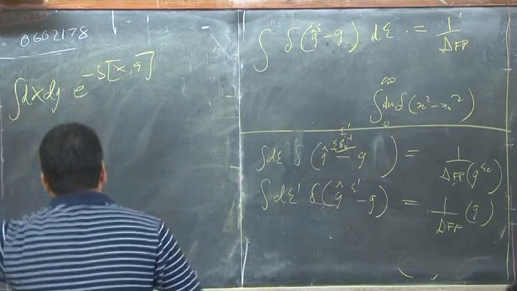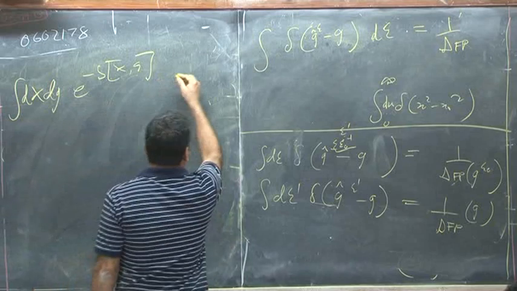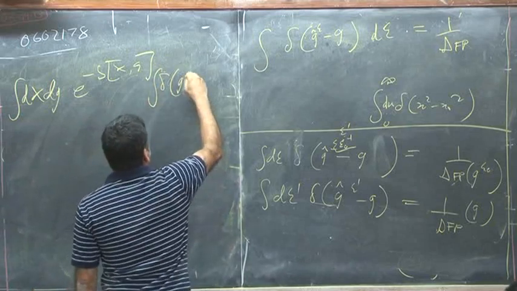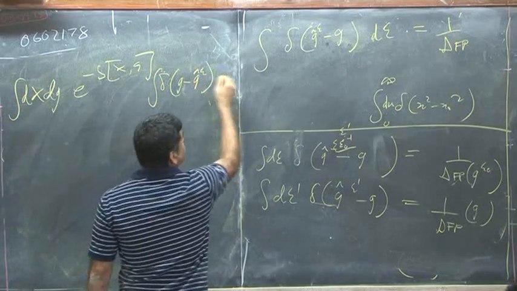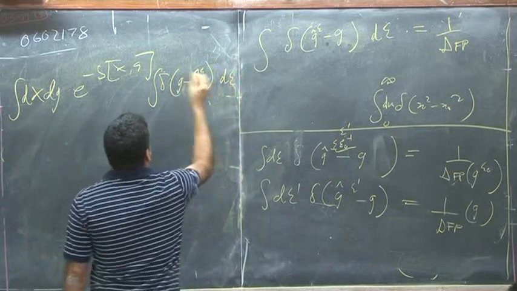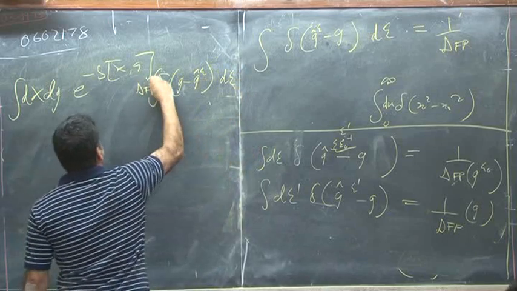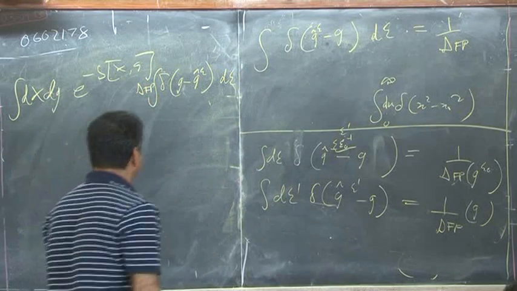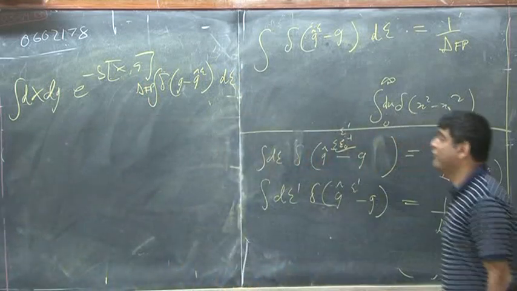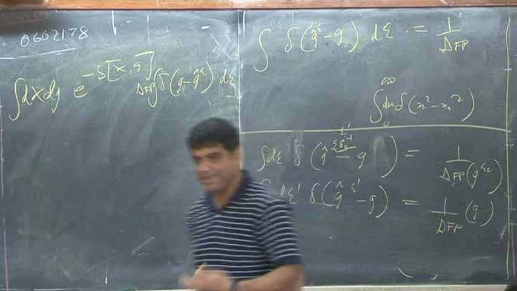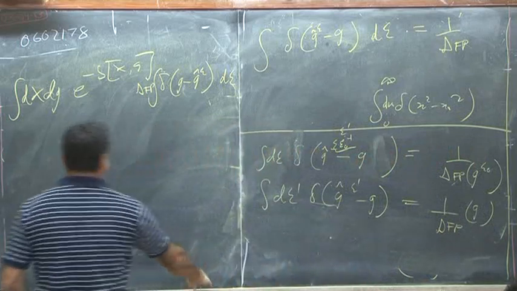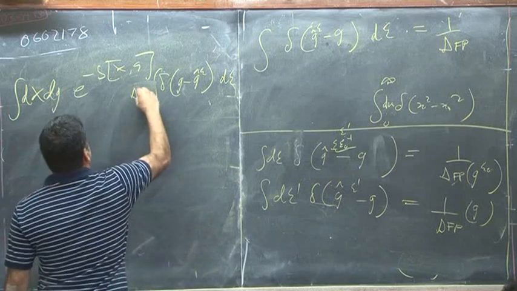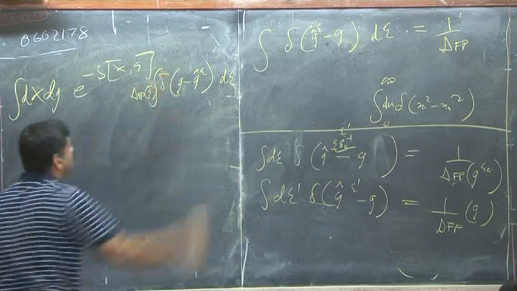But 1 is that. So I can multiply the integrand of a path integral by the integral of delta g minus g at zeta d zeta times delta FP. This delta FP, you can see from the other side, is only a function of g hat, of the fiducial metric. Yes, exactly. This is delta FP of g hat.